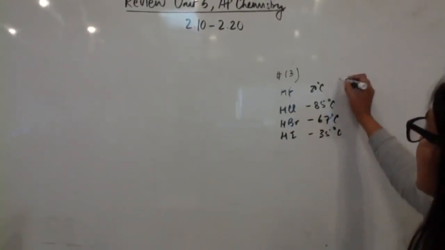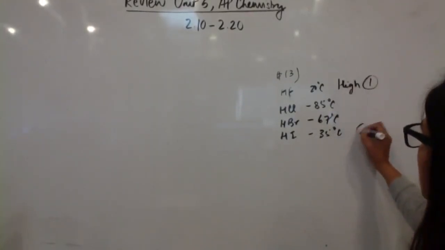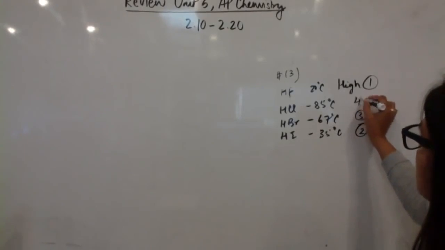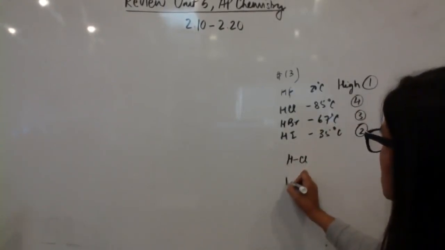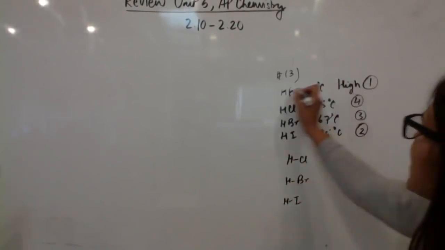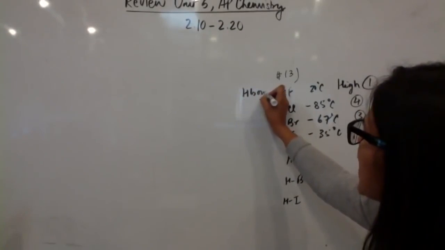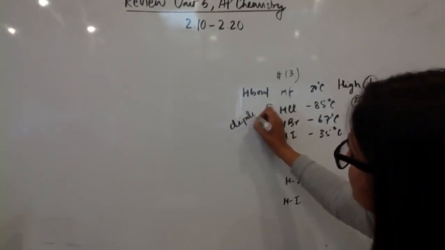So you see that this is very high. This is number 1, this is second highest, this is third highest, this is fourth highest. And if you look at HCl to HBr to HI, this is very clear. This is hydrogen bond, right? Rest of these are dipole.